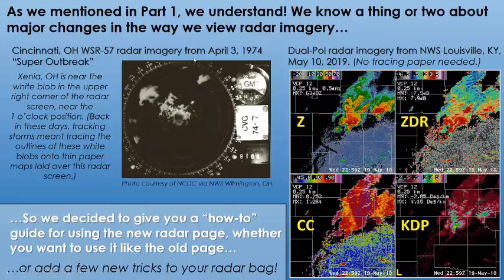And by the way, the storm that hit Xenia, Ohio is this storm right here. As we get to the modern day, everything's done on computers now, so there's no need for tracing paper. But this is much more complicated and much more detailed looking than this is.